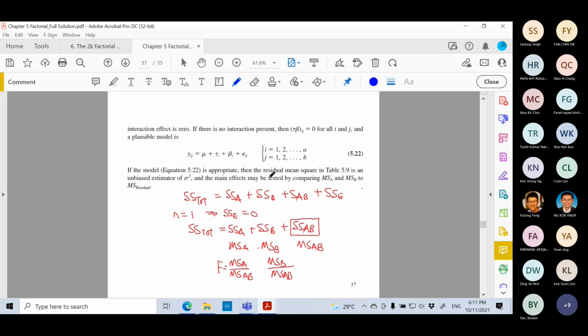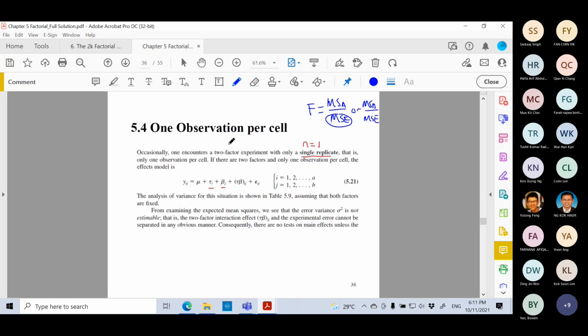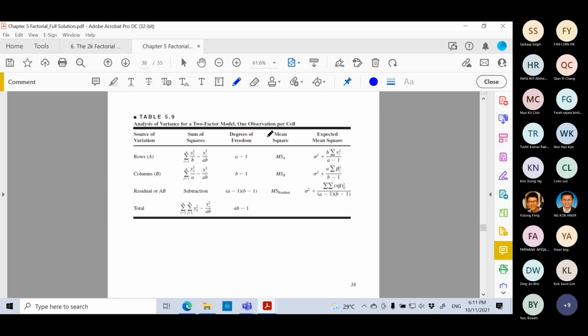Okay, so this is what we discussed in our last lecture class, and it is only for a single observation per cell. This is an analysis of variance table. If you have only a single observation, as I mentioned, the sum of squares for AB will become this part, replaced with the residue. So you will call it MS residue.